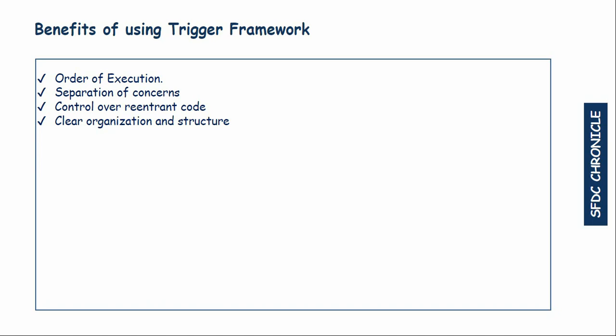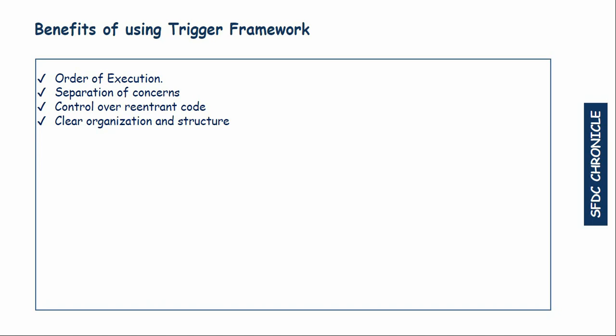Don't worry, we'll go into details about what a dispatcher is, how it works, and how a handler works, everything will be explained in detail later on. So buckle up your seat and just watch the video. Now coming back to the topic, you never need more than one trigger per object.